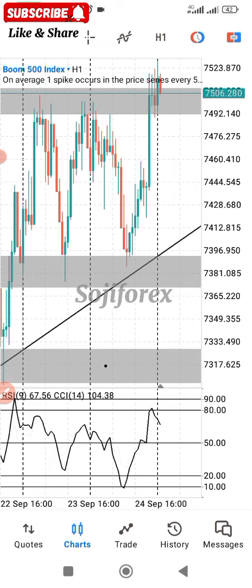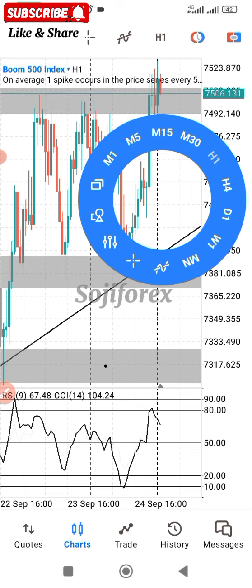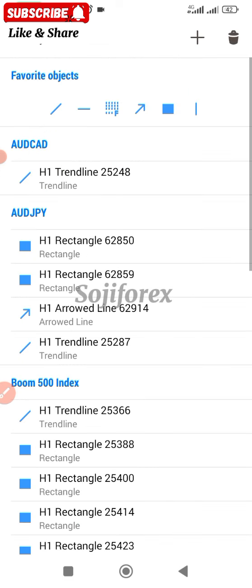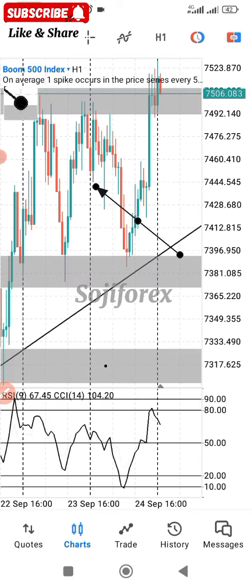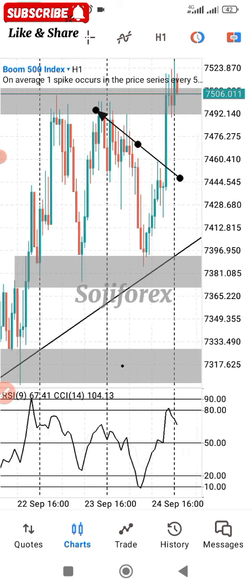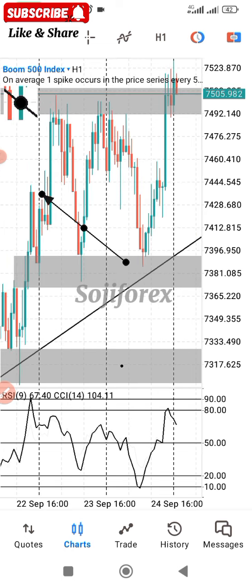So what is the first condition for you to take your trade? Number 1 is mark out your area of support and resistance, supply and demand. If you don't know what support and resistance is, there's a video on this channel where we discussed the basics of it.